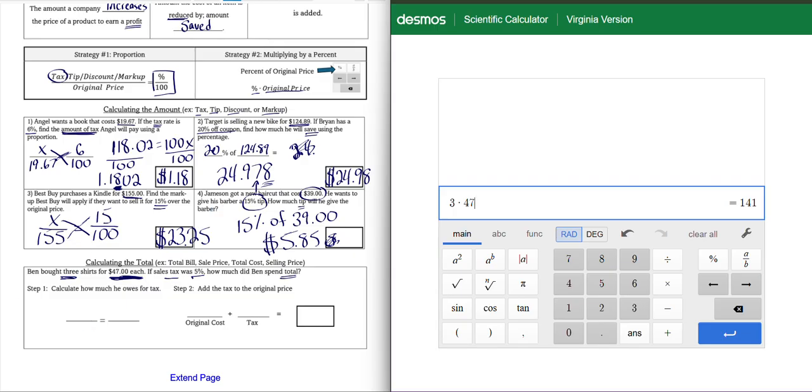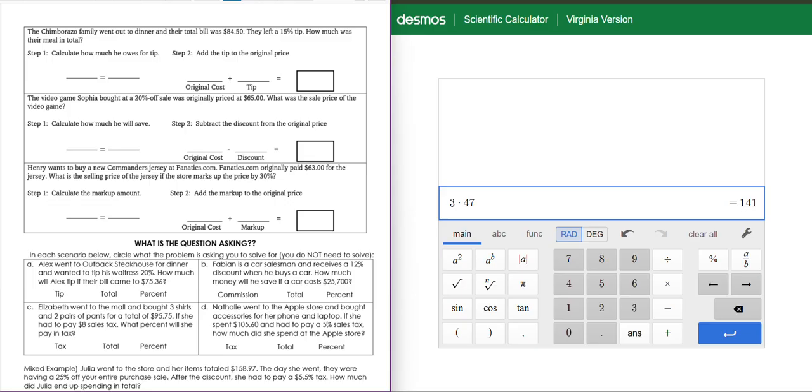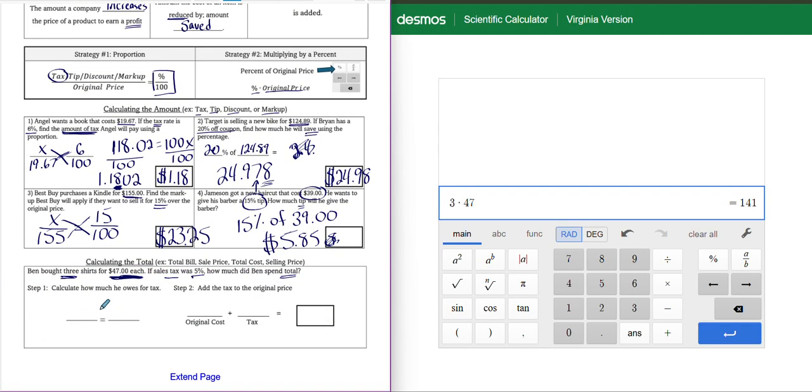I'm actually going to choose to not set up a proportion on this one, even though the proportion is actually set up for us there. I prefer to use this strategy, so I'm going to use that. We know that the 3 shirts are going to cost $141, so we're going to find 5% of 141.